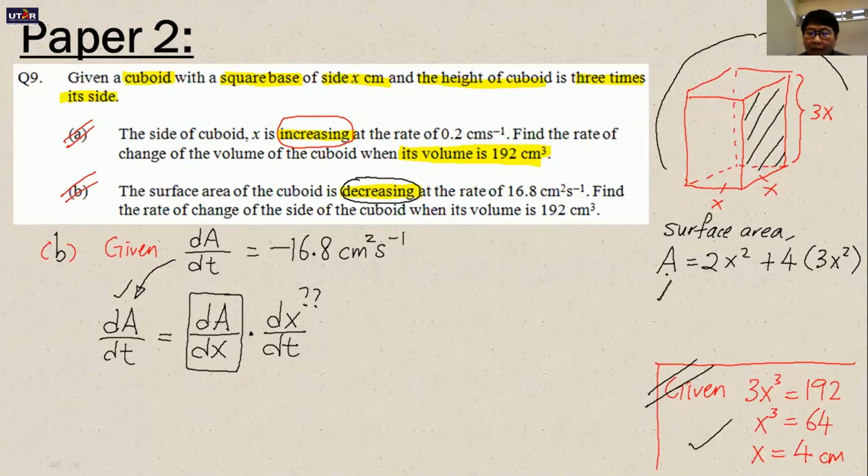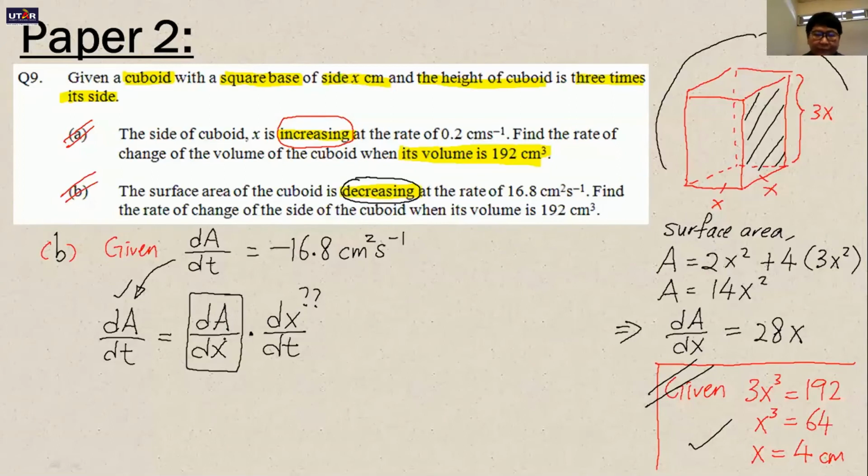So the total surface area is 2x squared plus 12x squared, so we have 14x squared. From here, we can find dA over dx. Differentiating with respect to x, dA over dx is 28x.